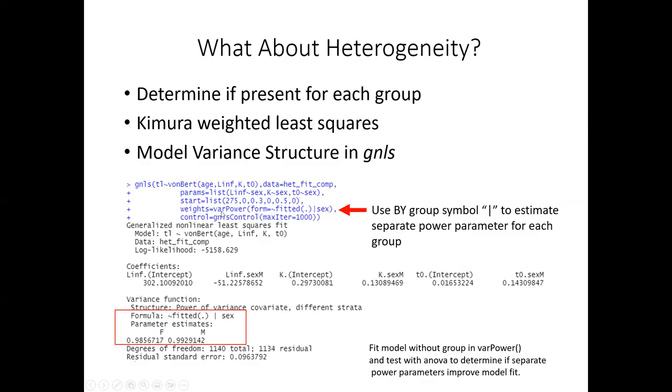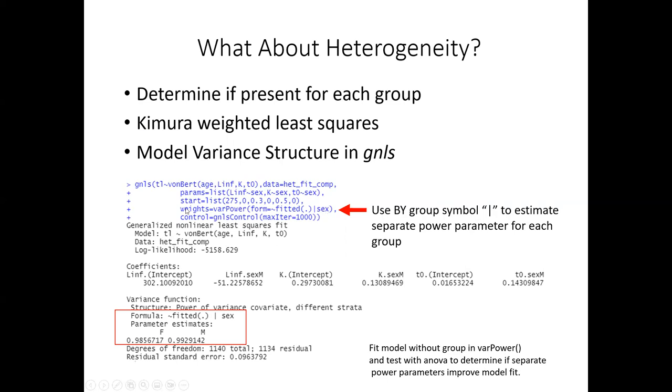The way you would do that, in this case, we're showing the variance power function here, and right after the fitted value you would put this vertical line with the group after that.